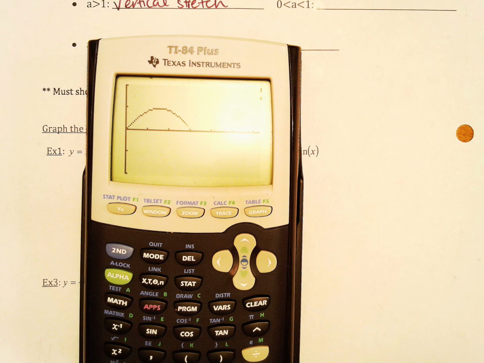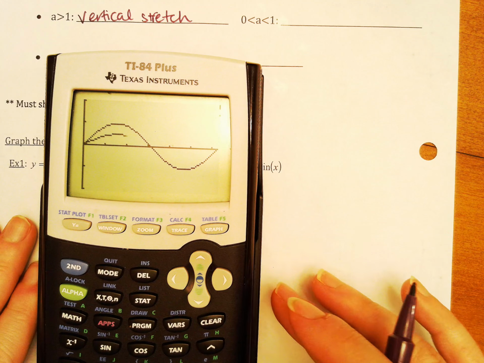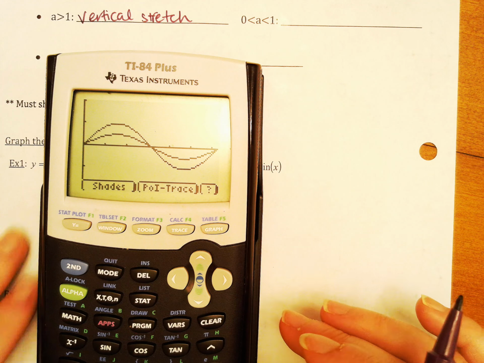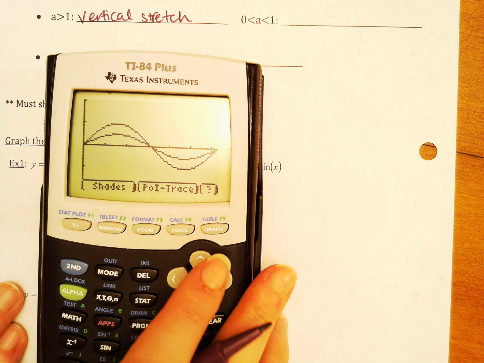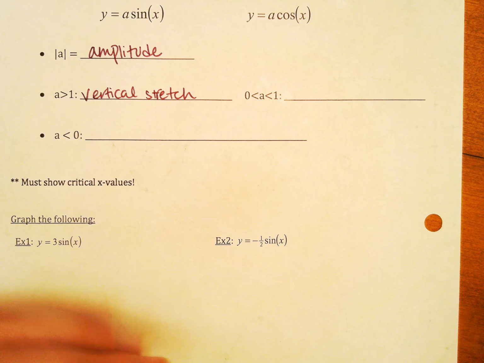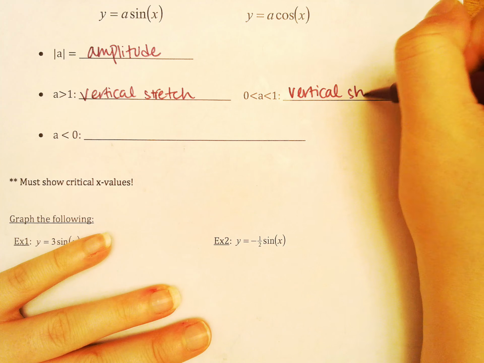So here's again my regular sine x function. And then this is the next one that I'm graphing, which is the 1/2. What that does is, instead of making it taller, it makes it shorter. That should make sense because our multiplier is making it half as tall. So this is called a vertical shrink.